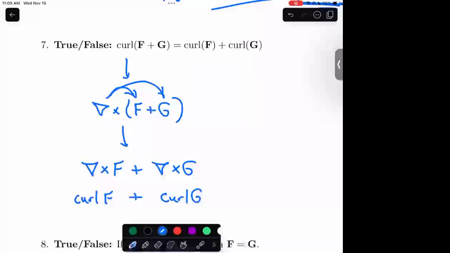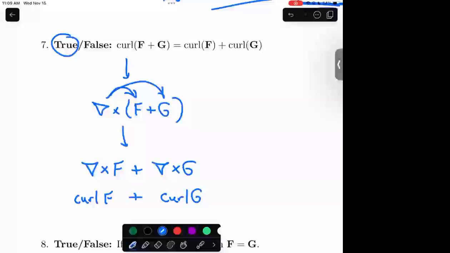Another way that you could, I mean, this is the most compelling argument I have that this is a true statement. Another thing that you could be thinking about is that curl is essentially derivatives, right? There's lots of derivatives going on, but curl is basically derivatives. And derivatives behave very nicely with addition, right?